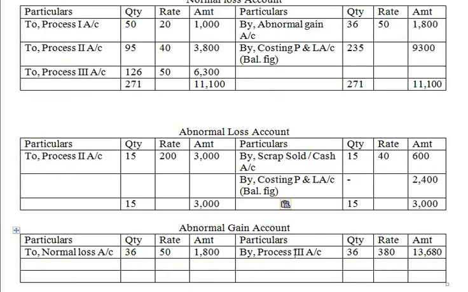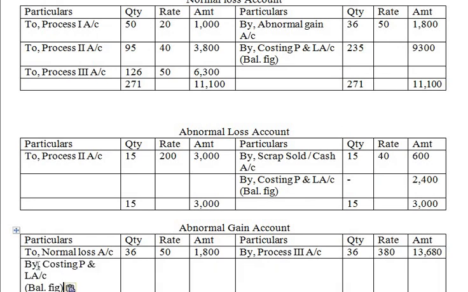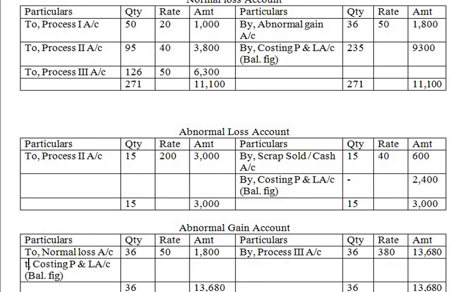Next we are going to close abnormal gain account. Units is 36 units, and the credit side total is more, so 13,680. Whatever balance remains will again be transferred to costing profit and loss account.